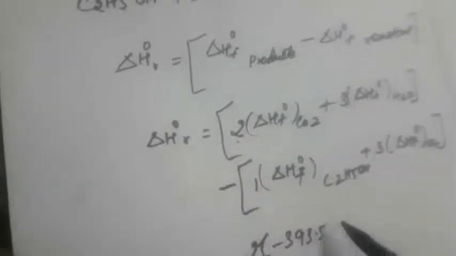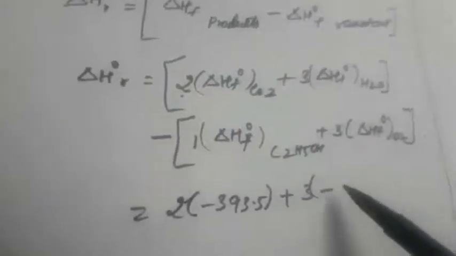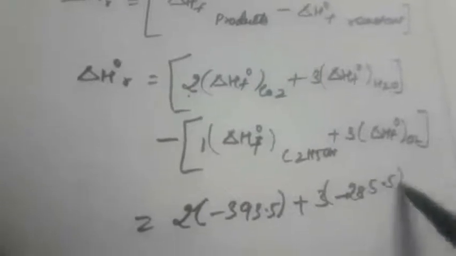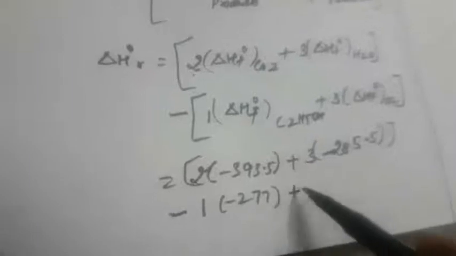The 2 moles are already there. What is the delta Hf value of carbon dioxide? Minus 393.5. So 2 into minus 393.5 plus 3 into the value of water, minus 285.5, then minus 1 into minus 277 plus 3 into 0.